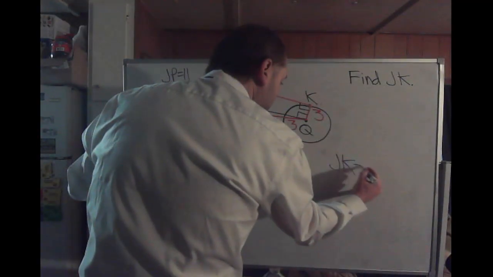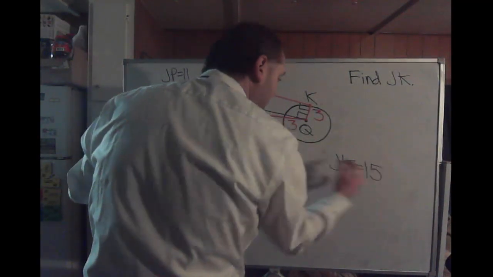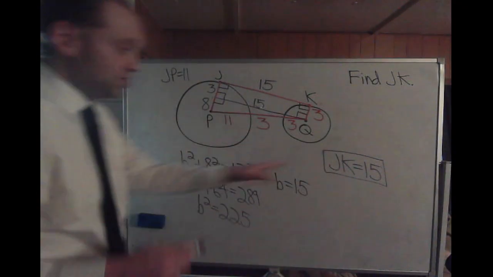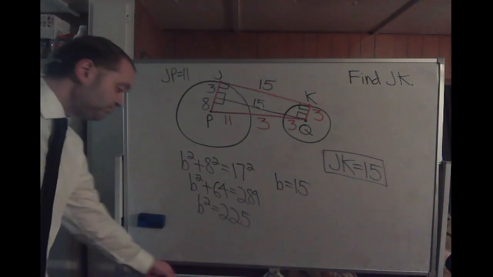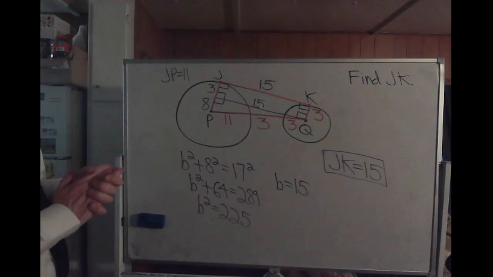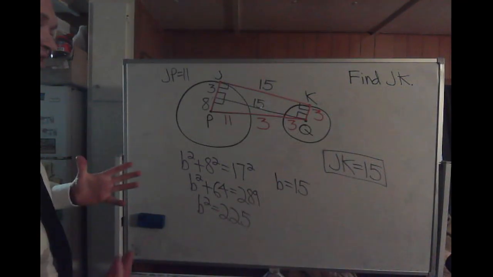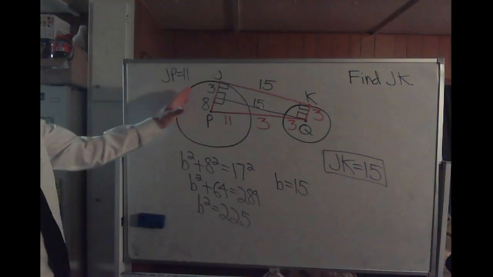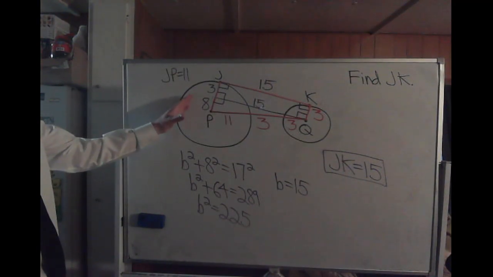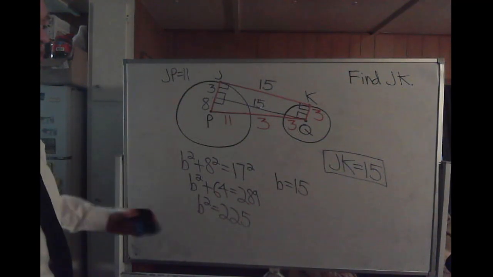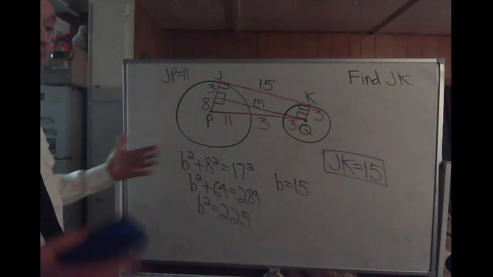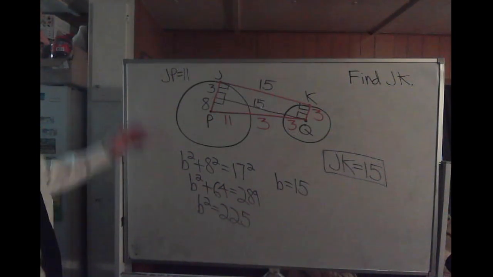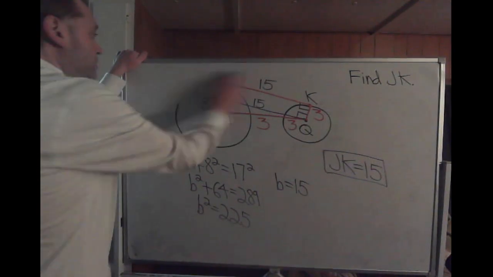Since opposite sides of a rectangle being a parallelogram are congruent, the tangent line JK itself would also have to have a length of 15. So again, just because you have circles and tangent lines, don't be afraid to use old properties too. If anything, the new properties are actually helping you to know that you have right angles and can set stuff up that way where you couldn't before. So don't get too overwhelmed by these.